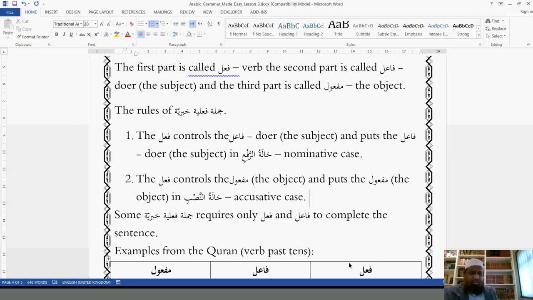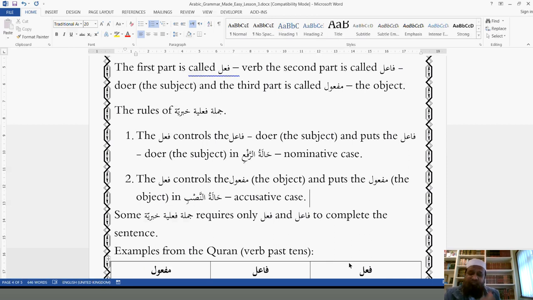Okay, next. Some jumla fi'liya requires only fi'l and fa'il to complete the sentence. The majority of the fi'l in that jumla will have 3 parts. Fi'l, fa'il, maf'ul. But some fi'ls in jumla fi'liya will have only 2. Fi'l and fa'il.